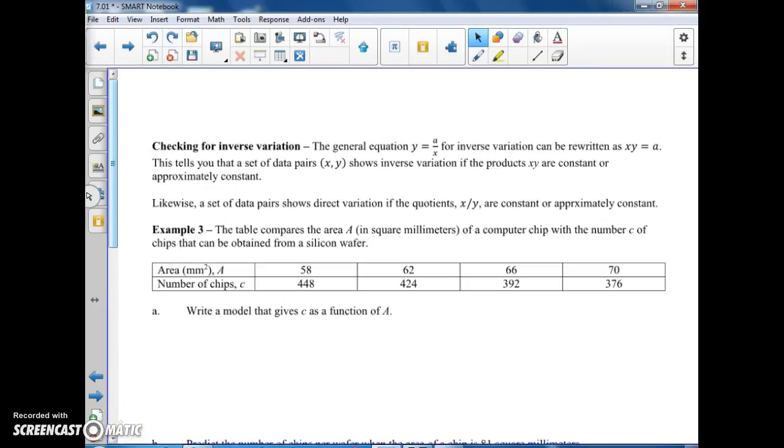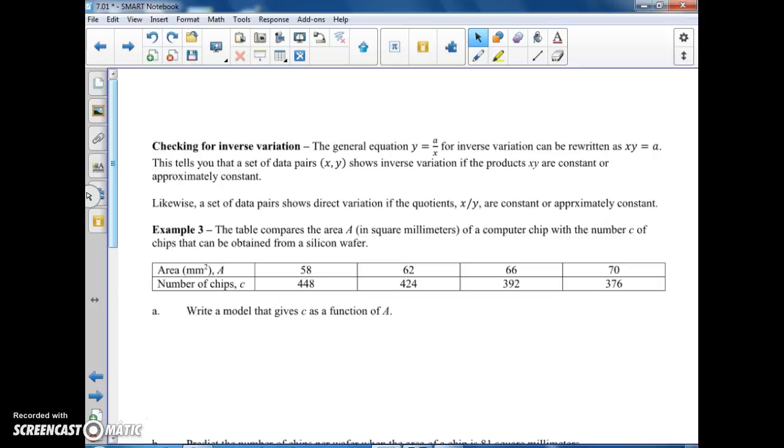Okay, so now we're going to check for inverse variation. The general equation Y equals A over X for inverse variation can be rewritten as A equals X times Y, or XY equals A. This tells you that a set of data points, X, Y, shows inverse variation if the products XY are constant or approximately constant.